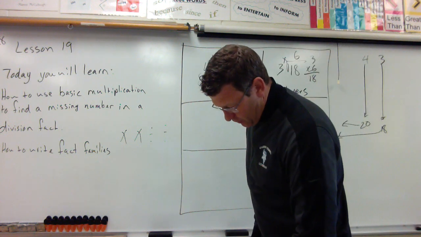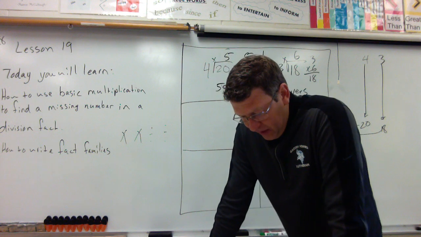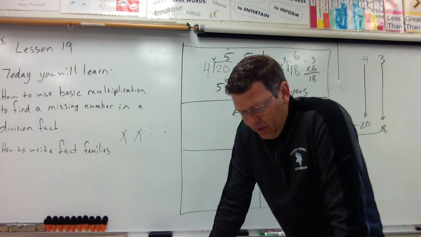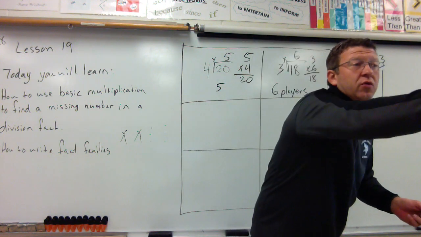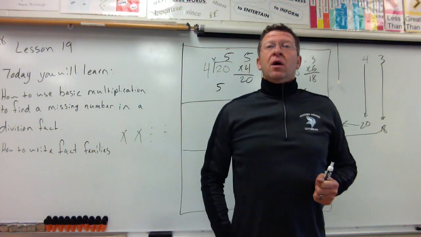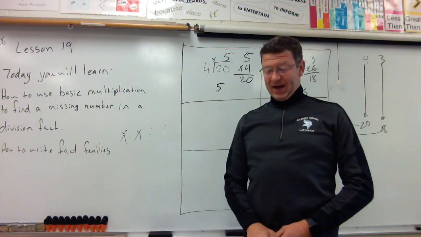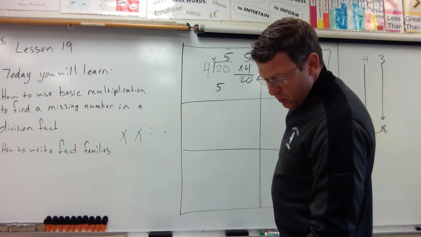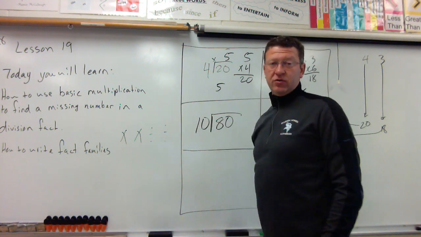Example number 3. You have to turn the page for that one. It says an art teacher plans to distribute 80 sheets of paper equally to 10 students. So just picture there's 10 in here. One for you, one for you, two for you. Oh my, that'll take a long time. So let's not do that. Let's divide. We're going to take 80 pieces of paper divided by 10 students.